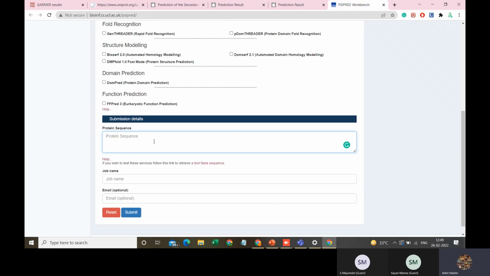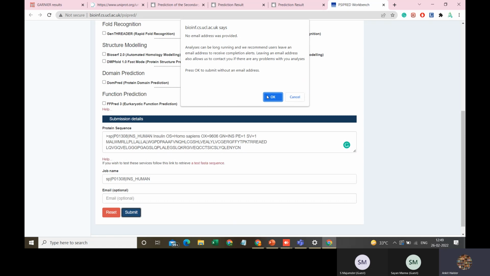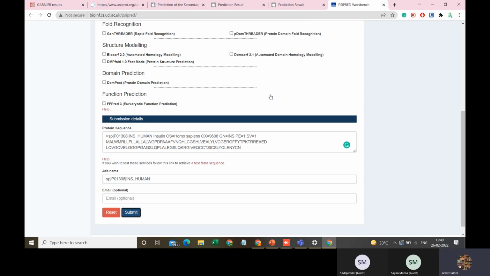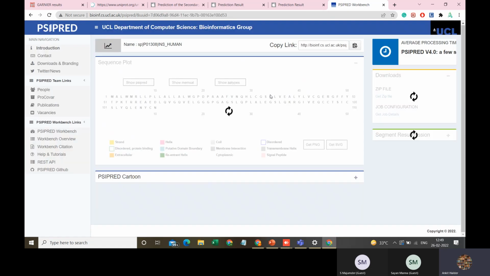We will just paste the protein sequence and submit it. PSIPRED usually uses position specific iterated PSI-BLAST for performing the alignment.